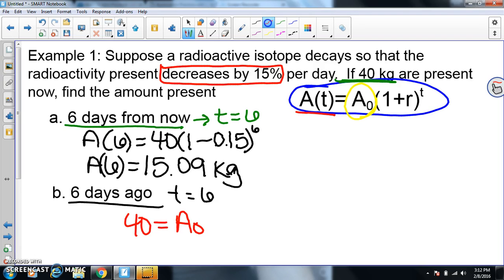We're solving for our initial amount times 1 minus 0.15 to the 6th power. So I once again get 85 hundredths raised to the 6th power, and I'm going to divide by that on both sides.